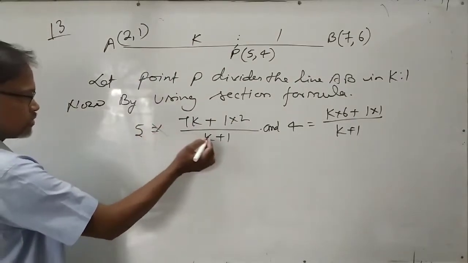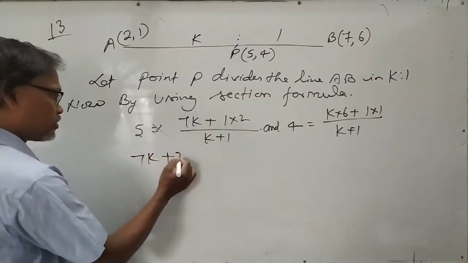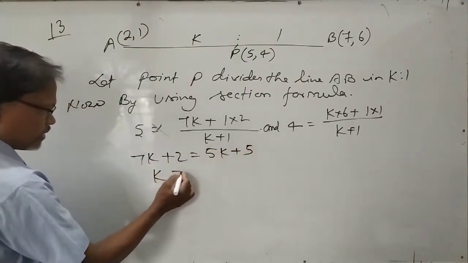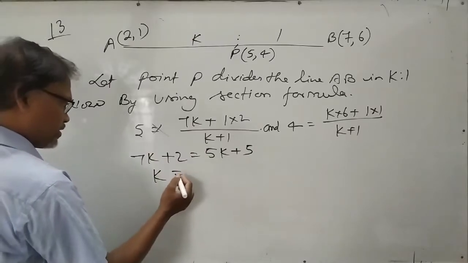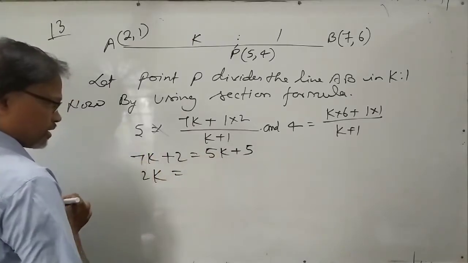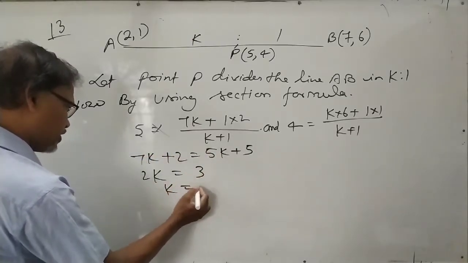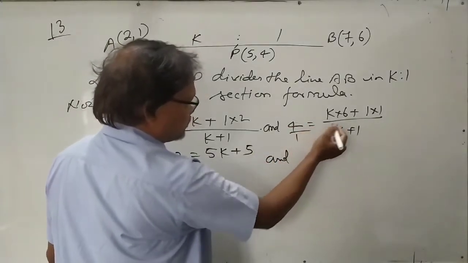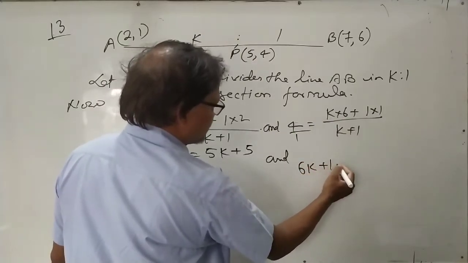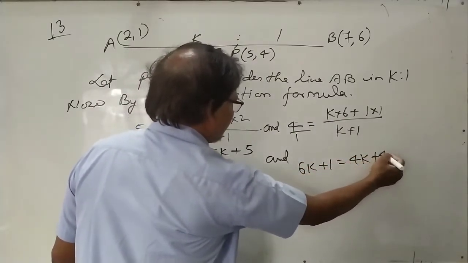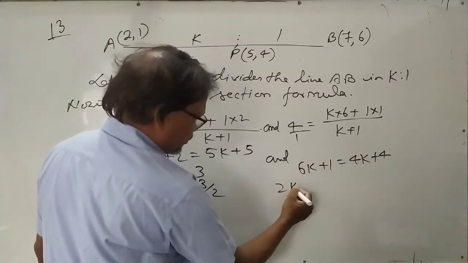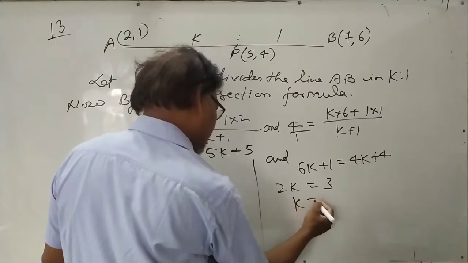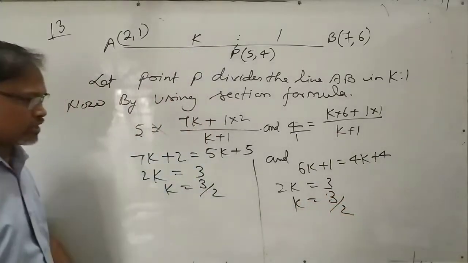तो first you cross multiply, so 7k plus 2 is equal to 5k plus 5. Simplify, 2k is equal to 5 minus 2, 7k minus 5k, so k is equal to 3 by 2. And in this case, again cross multiplication, 6k plus 1 is equal to 4k plus 4. 6k minus 4k, 2k, and 4 minus 1, that is 3, and you can see this is also 3 by 2.